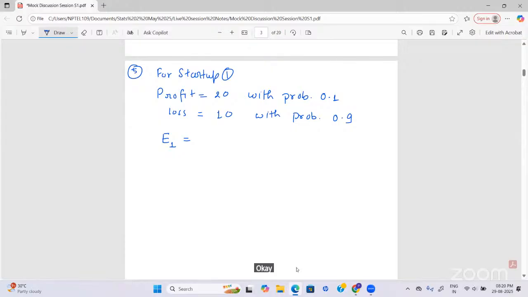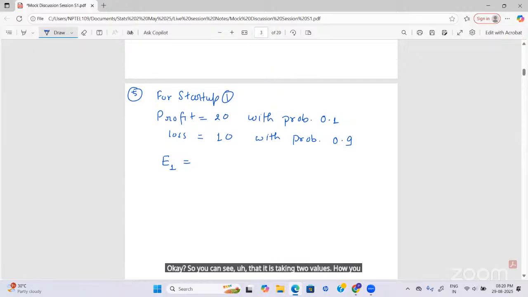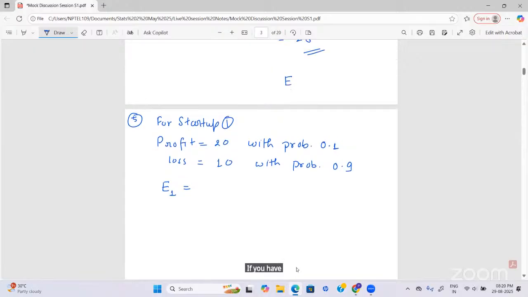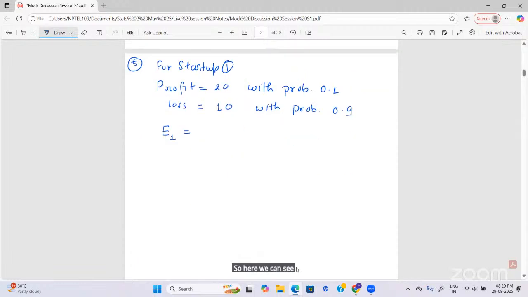So you can see that it is taking 2 values. How do you calculate expectation? If you have to calculate the expectation of some variable, we have to consider the values of x and multiply with the corresponding probability. Here it is taking 2 values, and since it is a loss, we will take it as negative.